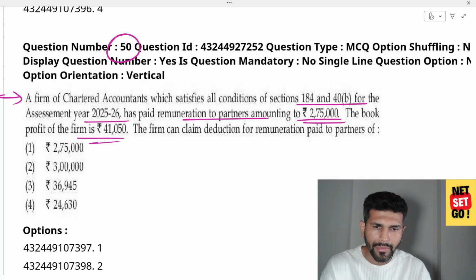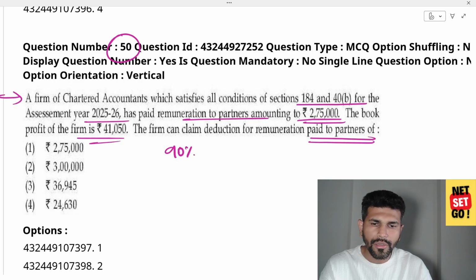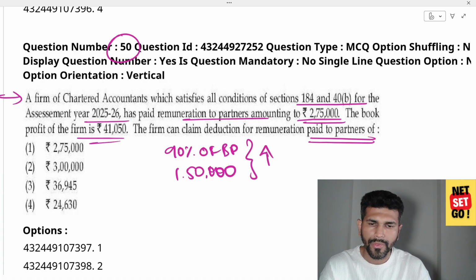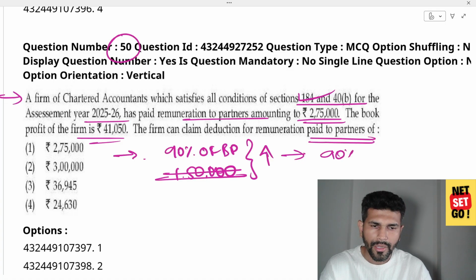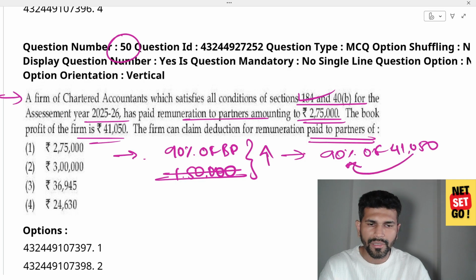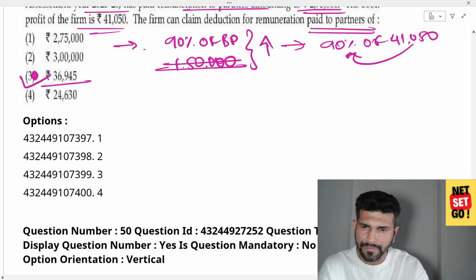The firm can claim deduction for remuneration paid to partners of 90% of book profit or 1,50,000 rupees, whichever is higher, as per these sections. But this value is not given, so we will consider 90% of book profit, that is 41,050 into 90%. That will come to around 36,945. Option 3 is the correct answer.